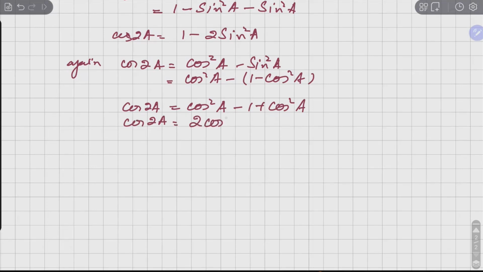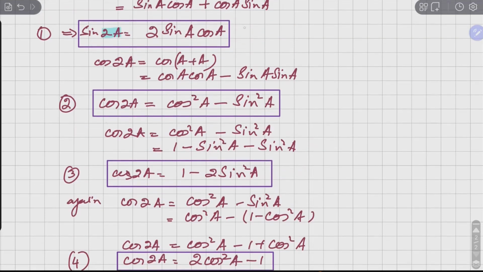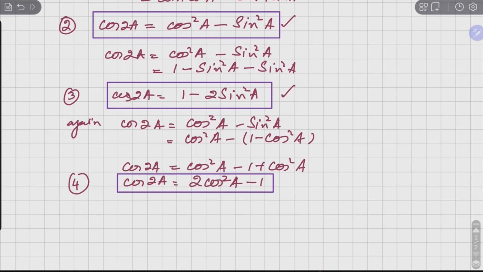It is 2 cos square of a minus 1. If you open your formula booklet, you would find all these formulas. Formula number 1, formula number 2, and further simplified forms of the same formula. You'll find these, but you will not find the formula which we derive from this identity.